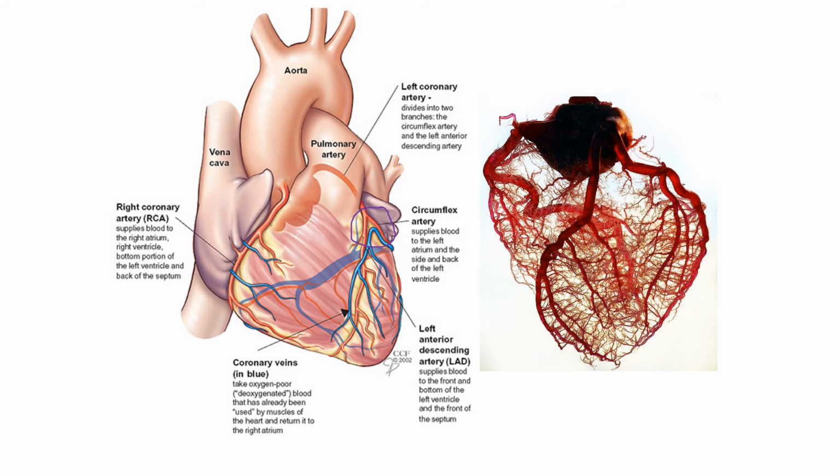Now, all that's happened in this individual is that branching point didn't occur there. Instead, it occurred at the aorta. So basically, we've got a right coronary artery, and that would be over here. And then we've got 2 left coronary arteries.